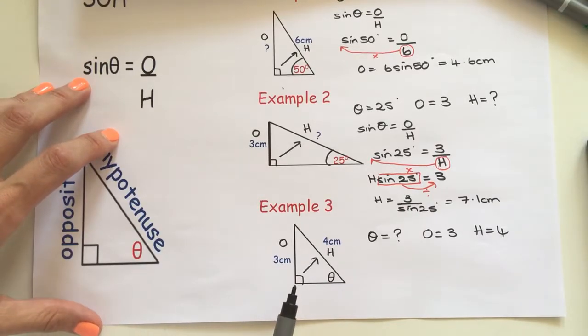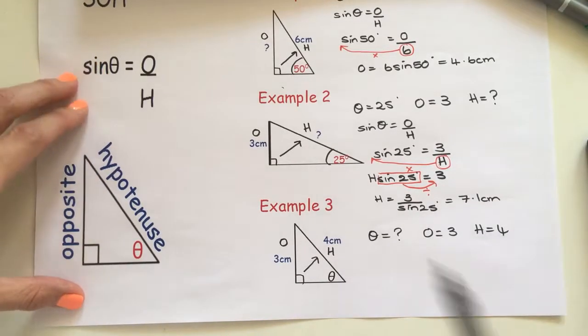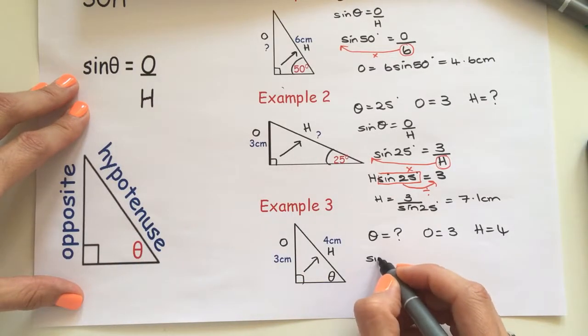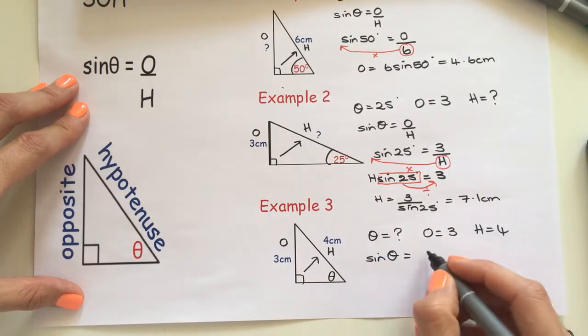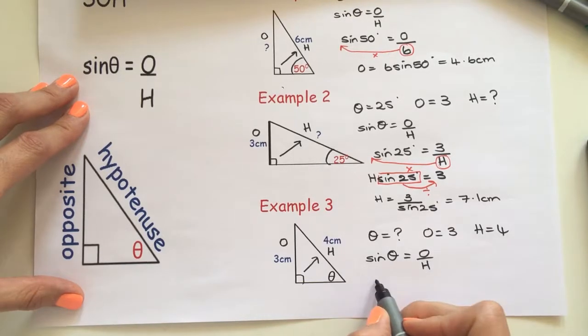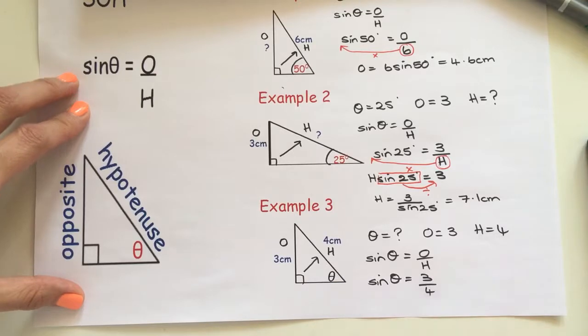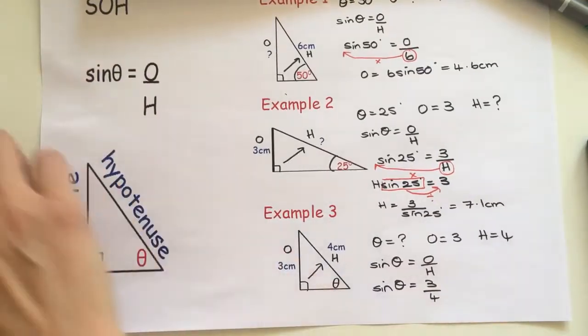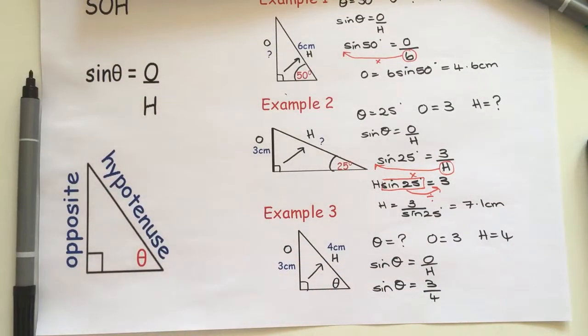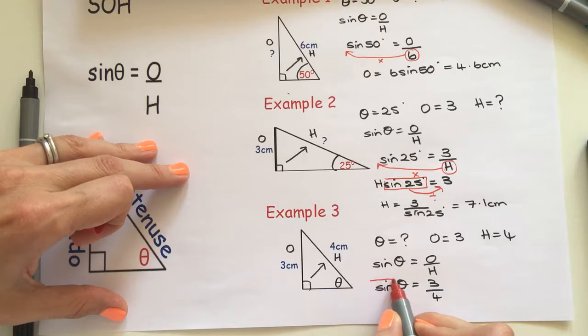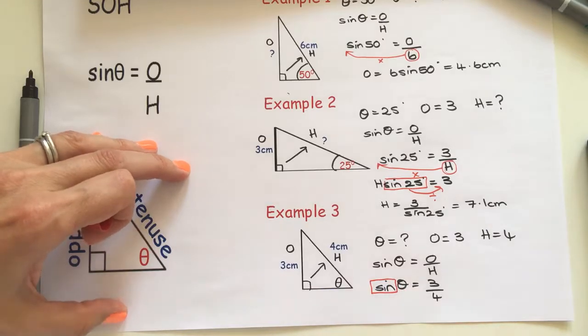So theta, O and H, sin again, so sin theta equals O over H, substitute 3 over 4. Now this is the bit that pupils don't know what to do, because they think we need to divide by sin, but that makes no sense. So we have to actually move the sin.